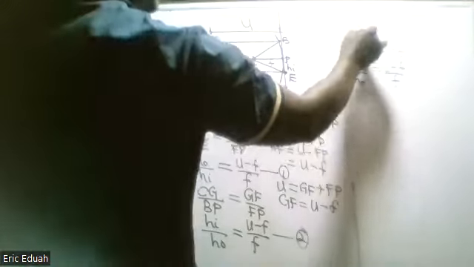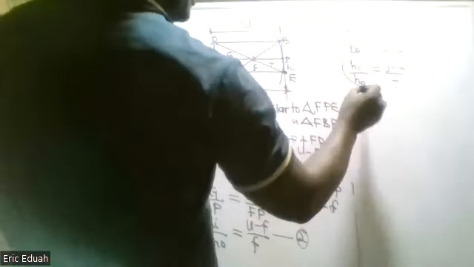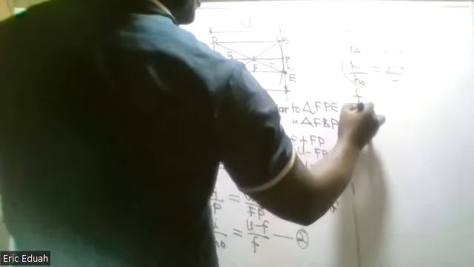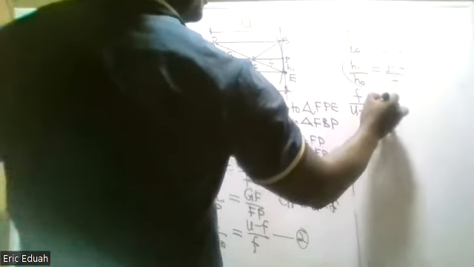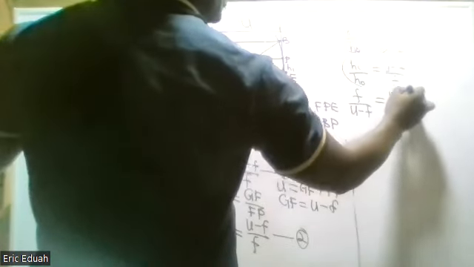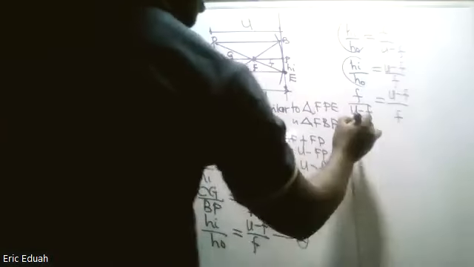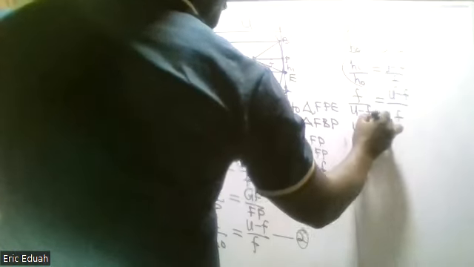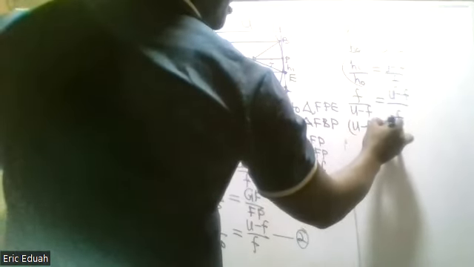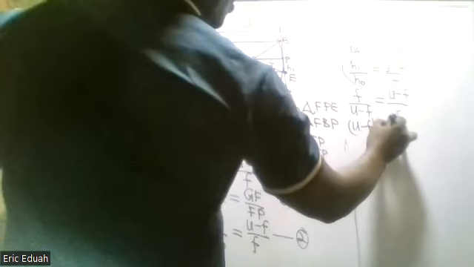Okay, so if this and this down, then you can equate F over U minus F is equal to U minus F over F. Then you cross multiply. Okay, so U minus F times another U minus F. Oh, sorry.